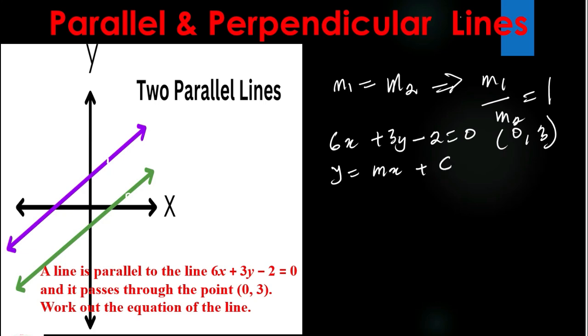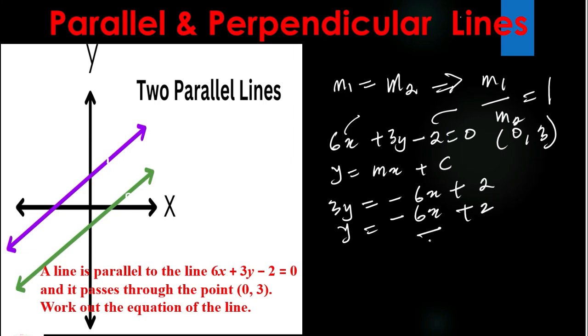So 6x plus 3y minus 2 equals 0 becomes 3y equals minus 6x plus 2. I've moved 6x to the other side and minus 2 to the other side. So y now will be the same thing as minus 6x plus 2, all over 3. That's minus 6x over 3, which is minus 2x, plus 2 over 3.